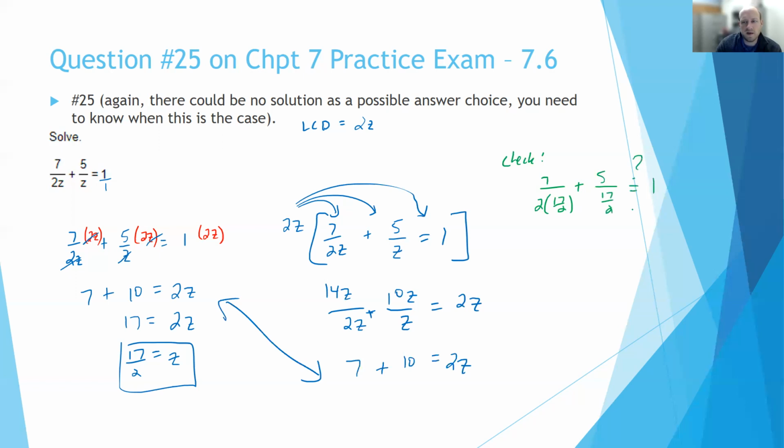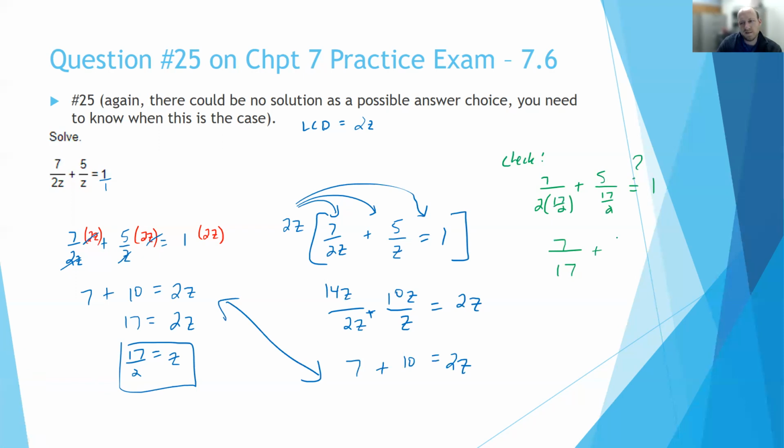Does that equal 1? So we have 7 over 2 times 7 over 17 over 2 is 17. And then this guy is actually going to be 5. Let's see, not 5. 5 times 2 over 17. Let's see here. That's 10 over 17. Okay.